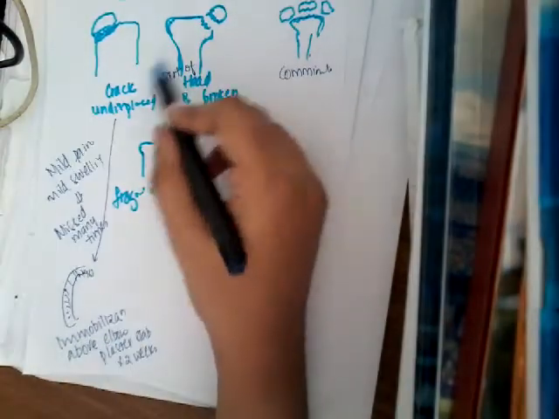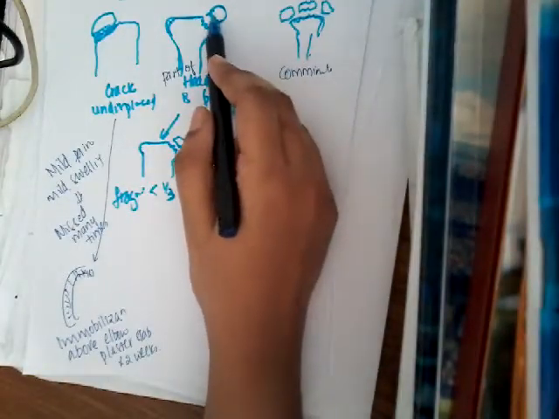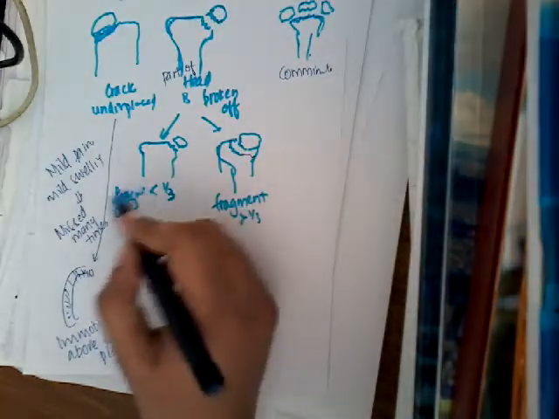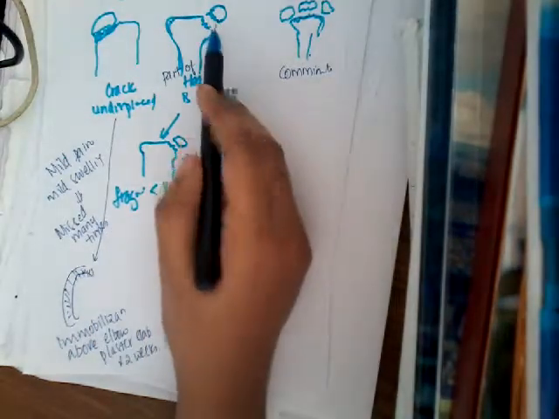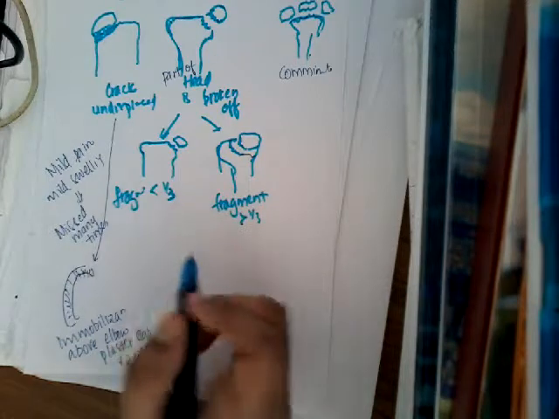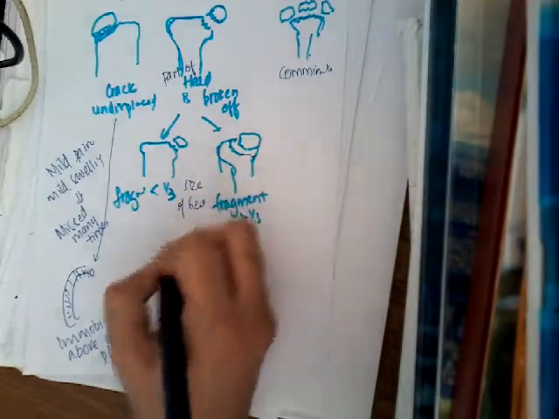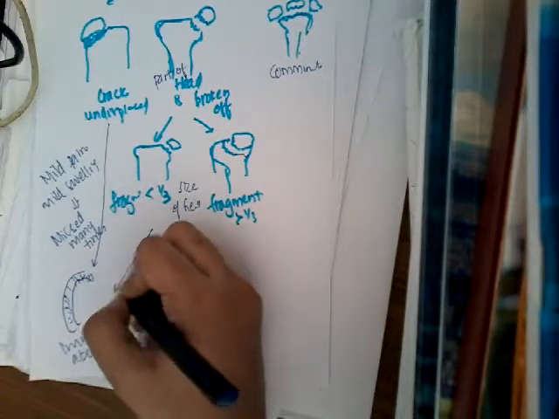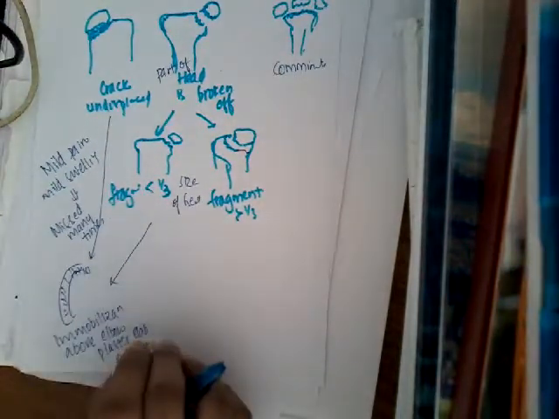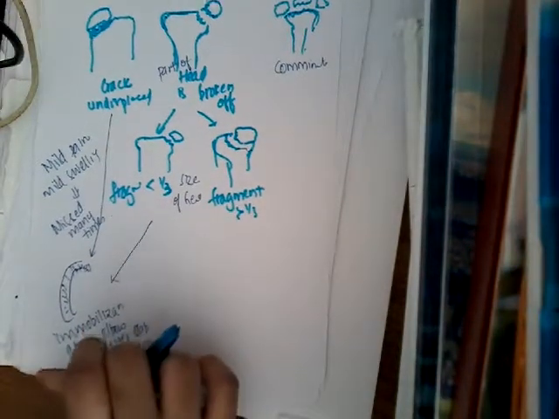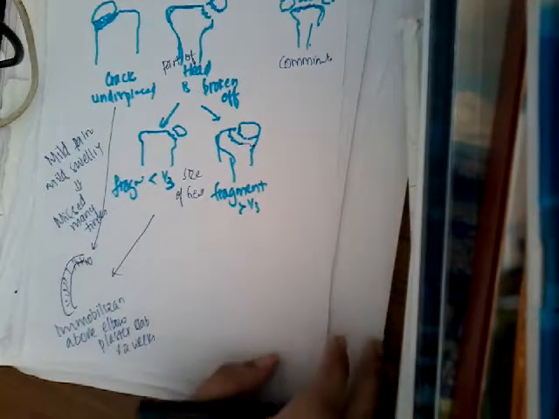Next, if part of the head is broken off and this broken off fragment is less than 1/3 of the size of the head, you can do immobilization with the help of an above elbow plaster slab.